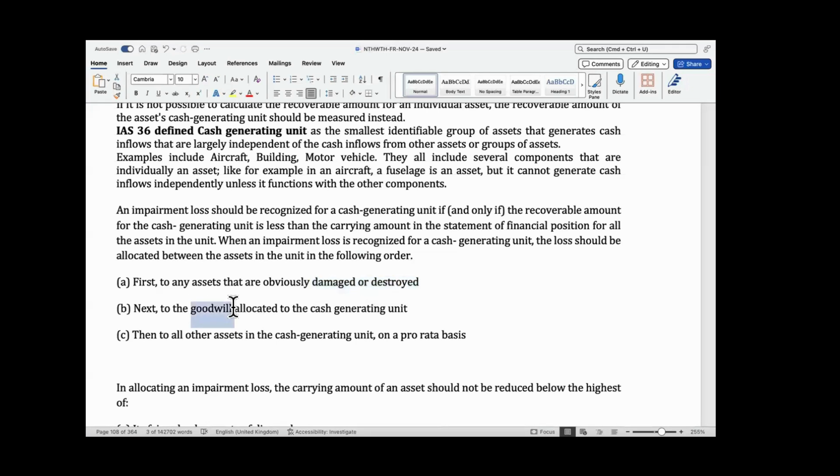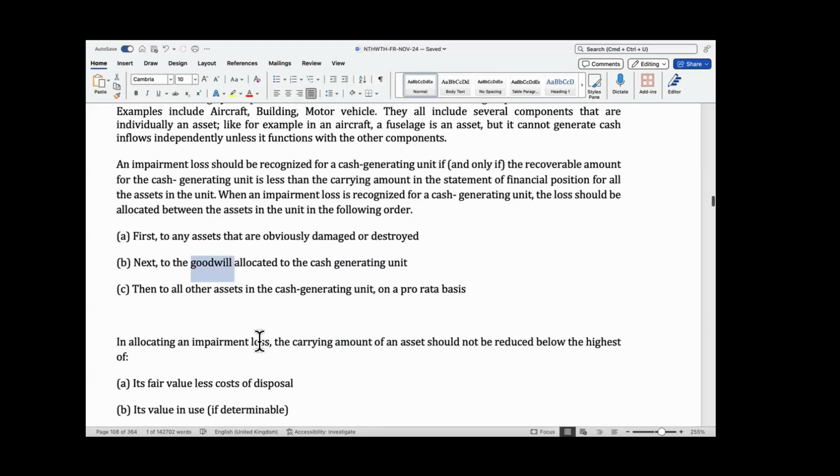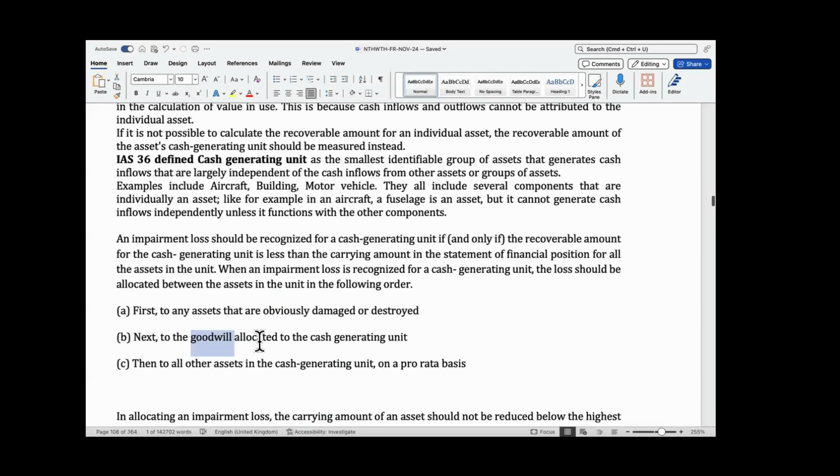The second one is goodwill. See, goodwill is very, very flexible. Looking at the way I explained it to you yesterday, it's like a brand name, right? It's not something you can easily attribute a value to, because the major builds of goodwill are around good behavior of your staff, the quality of your products, the location of your office, stuff like that.